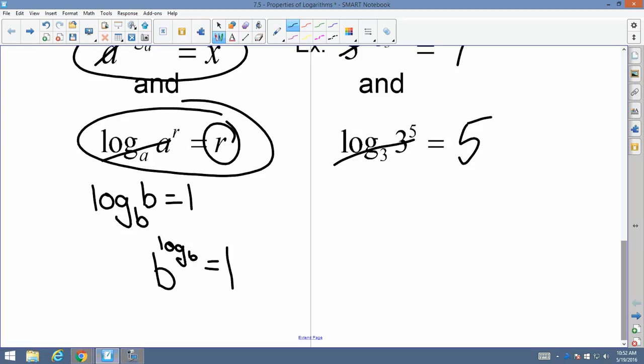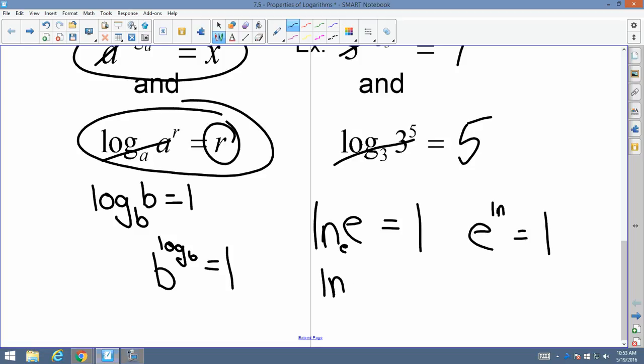But I want you to understand that ln of e will equal 1. Why? Because what is the base of ln? It's e. So if I have e to the ln power, that also equals 1. Please remember, guys, ln is log to the base e. So therefore, if I have log to the base e of e, that equals 1.